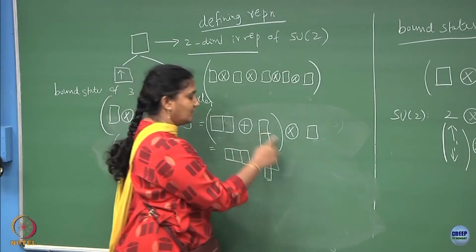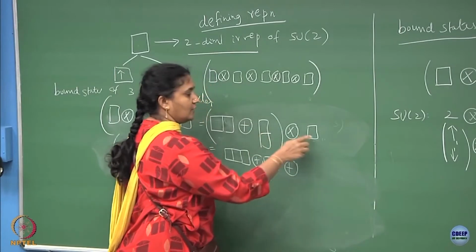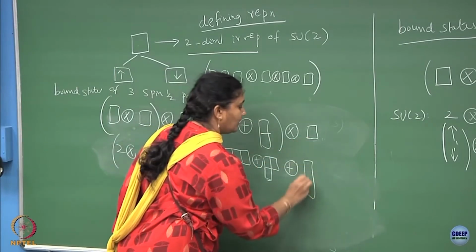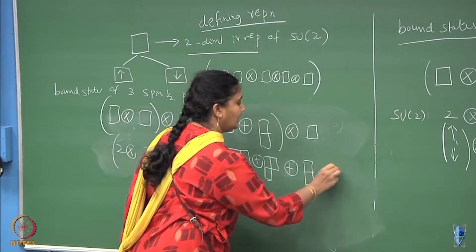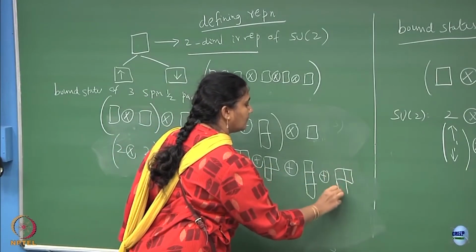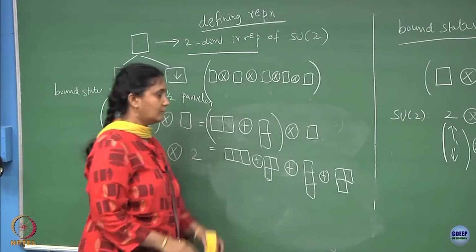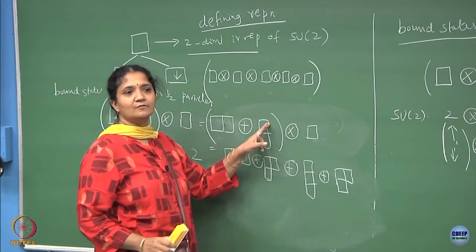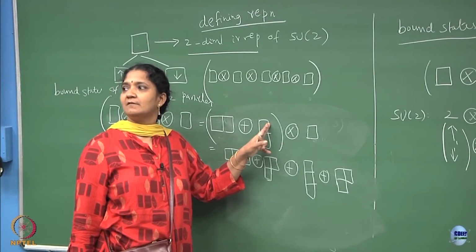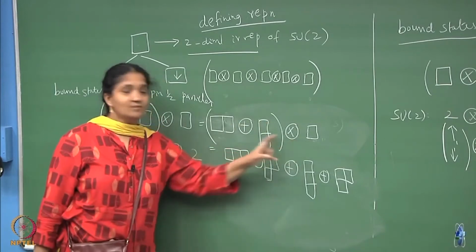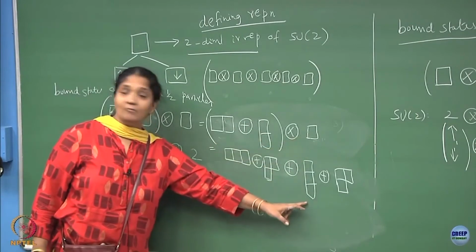Similarly, I should do it with this. The box can go below and it can also just attach itself to this without violating the symmetries. You do not violate any of the symmetries by putting this below and doing.